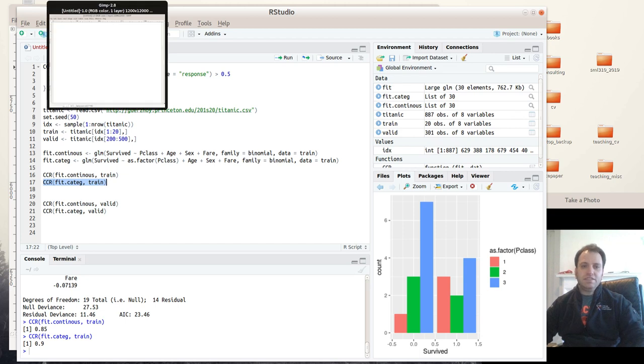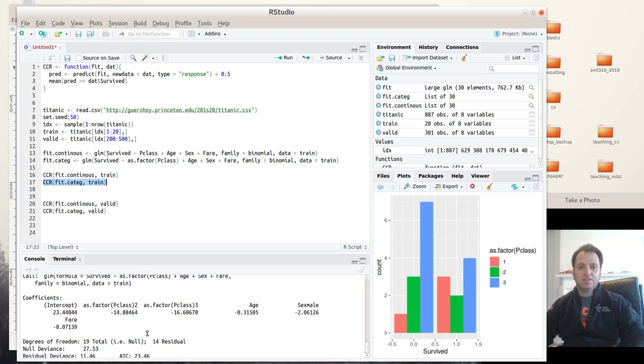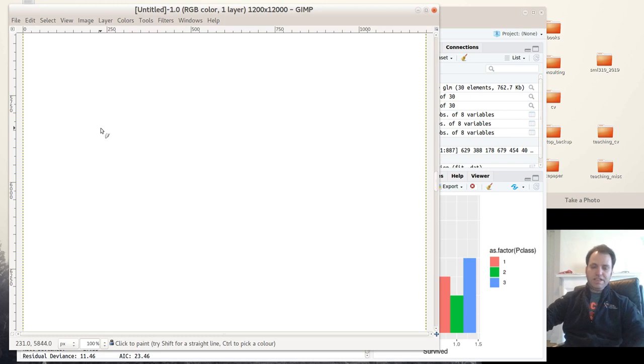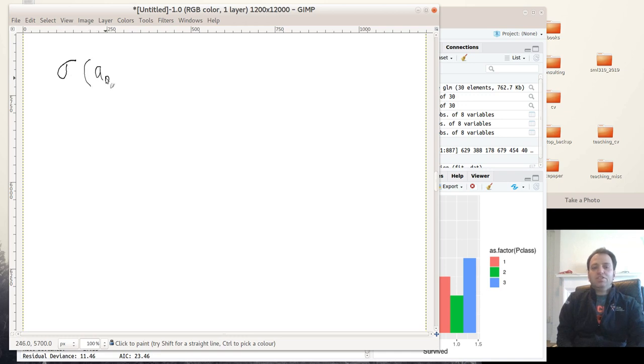So why is this happening? To look at that, we need to actually look at how we're predicting. When I'm predicting using the continuous version, I'm doing logistic of the intercept, and then I have a variable like male, and I'll multiply it by a coefficient.